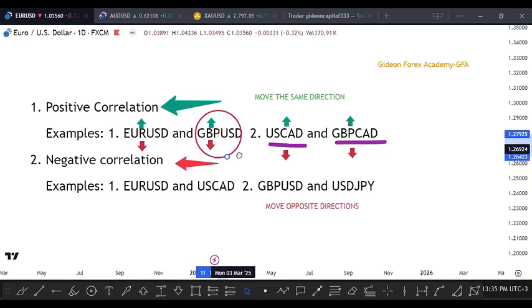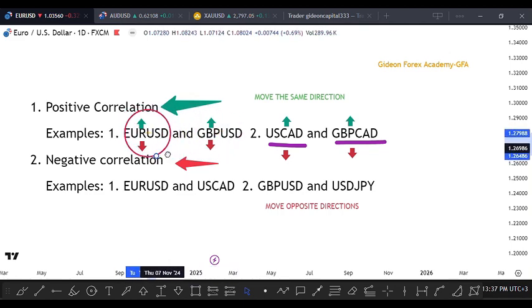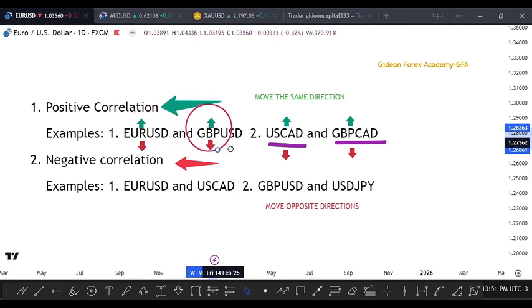The reason is because if you are losing in the Euro USD trade, you only lose a little bit. You don't lose much. But if you have positions also open for GBP USD, which is a correlating pair, and they are all moving in the same direction because they have positive correlation, it means you are going to be losing money in both pairs with positions open.